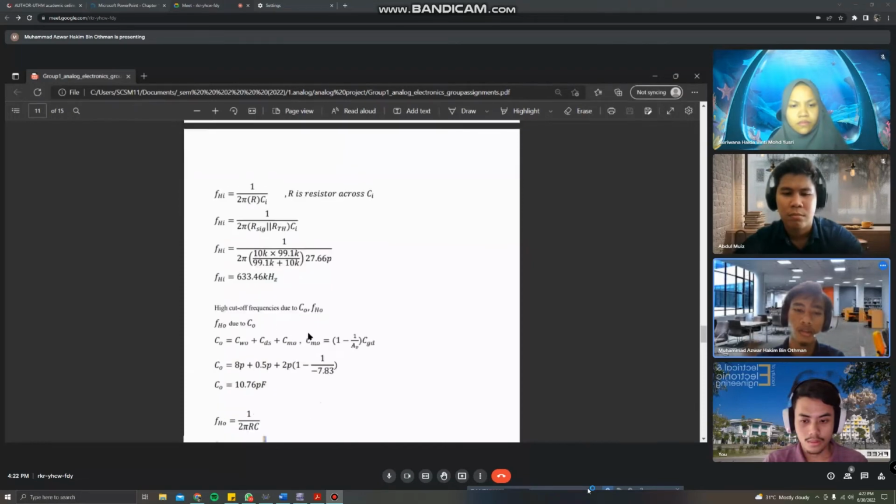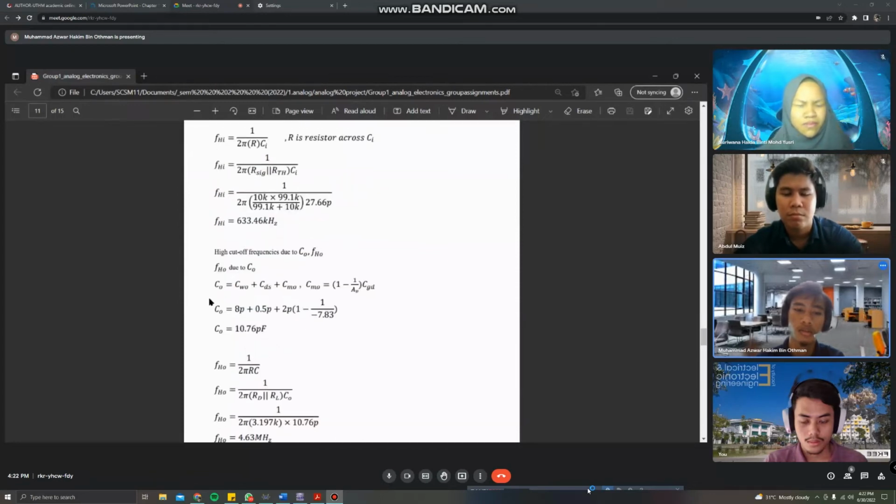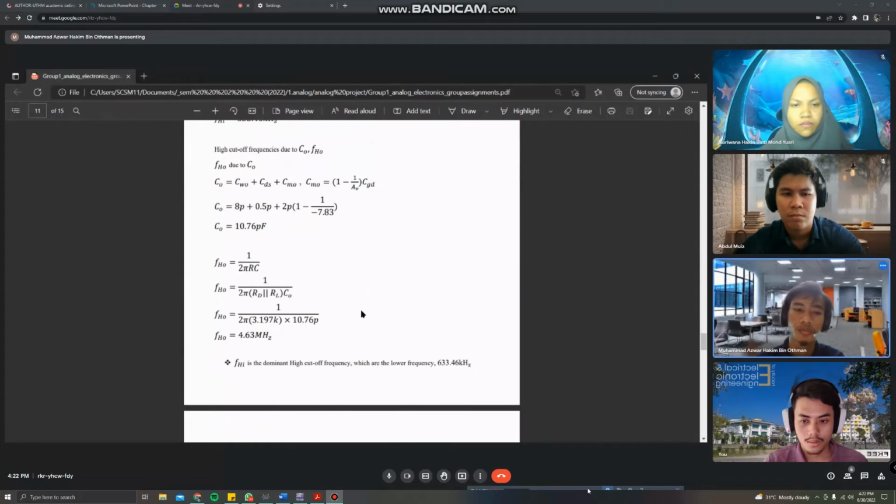633.46 kHz. So for FHO, due to CO, this is the formula for CO. We need to find CMO, which equals 1 over 1 divided by voltage gain times CGD, and after we get the CO, we substitute the CO value into the frequency high equation.